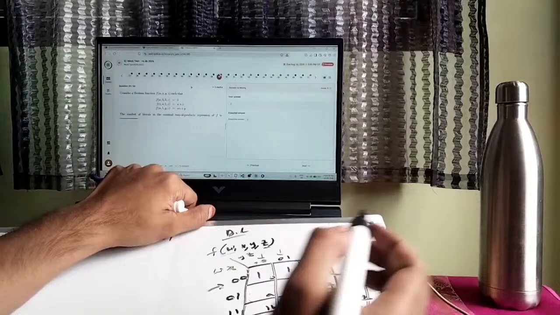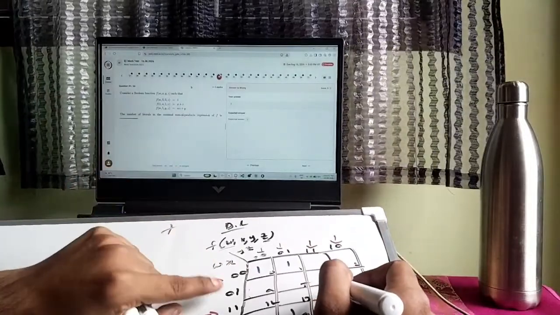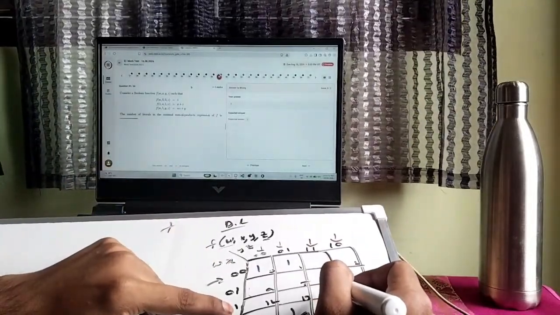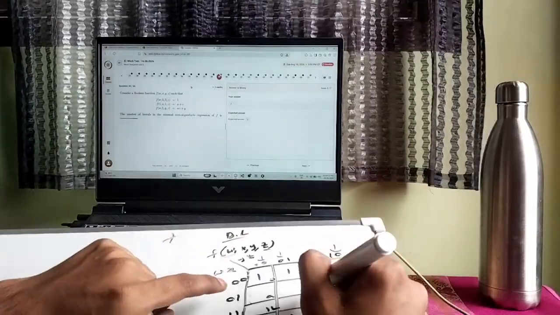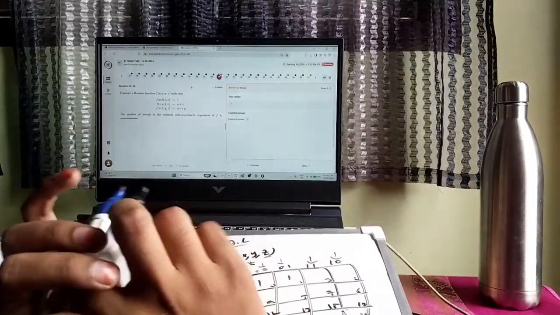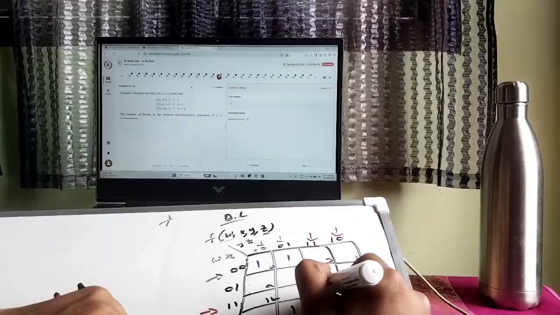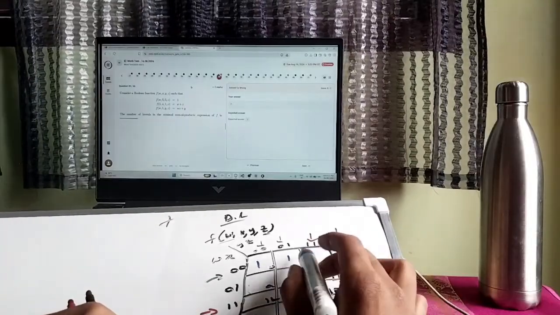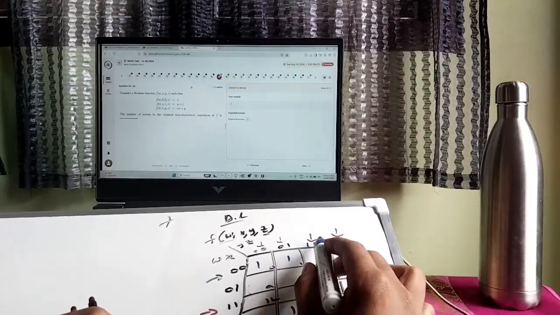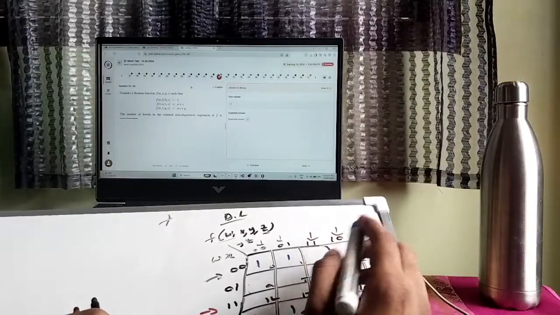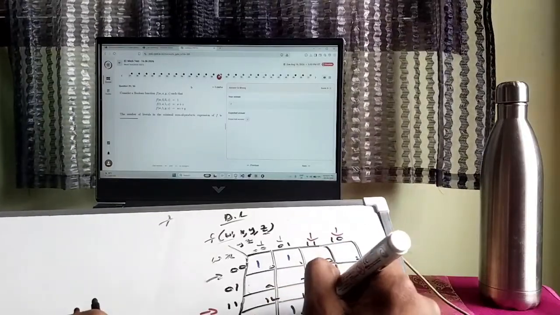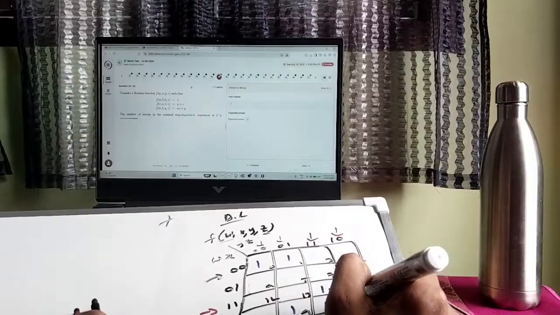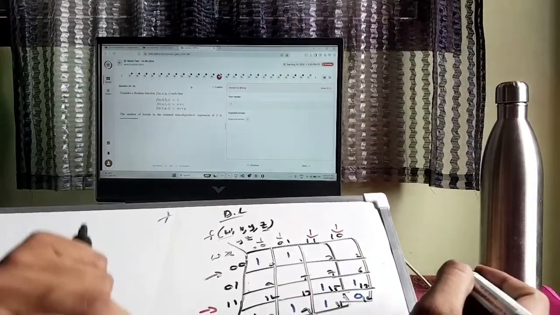What is x here? Consider x is 1, so this term will be 1, we don't need to consider that. Then we have to consider z. Here z is 1, and here z is 0, so it will be 0.